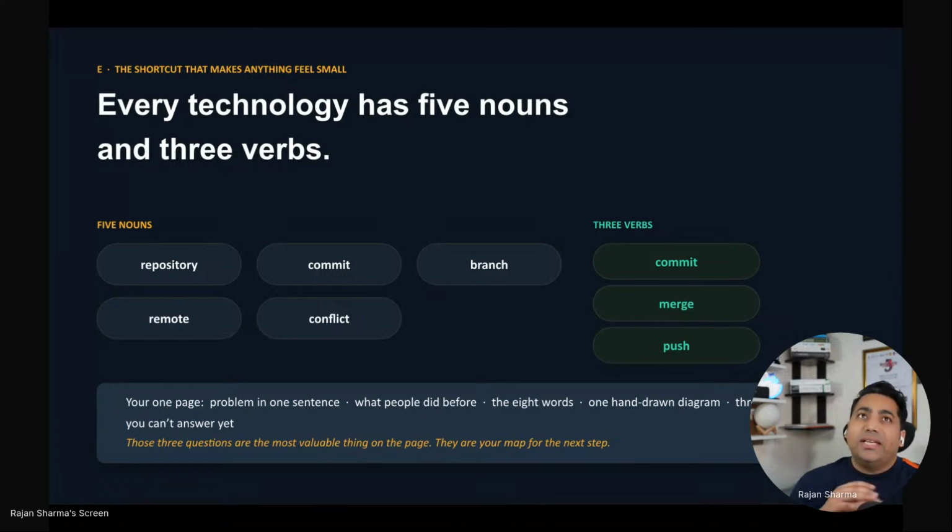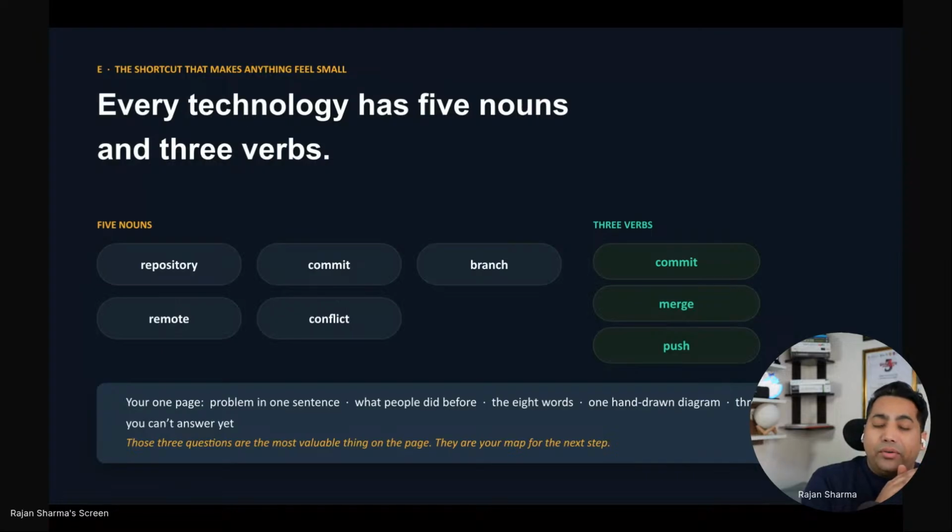For every technology, I have the nouns, actually five nouns. For Git: repository, commit, branch, remote, conflict. And there are three verbs: commit, merge, and push.